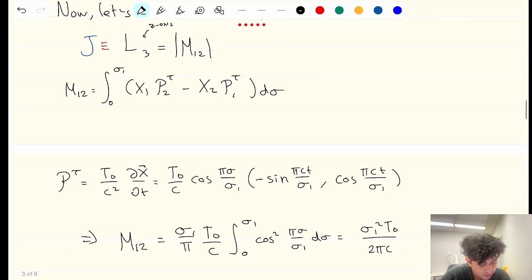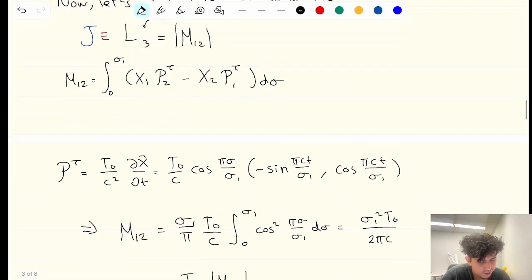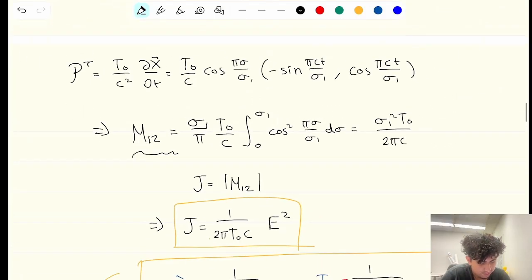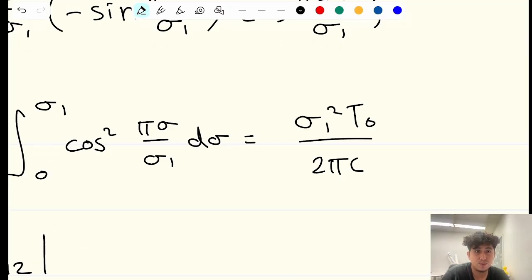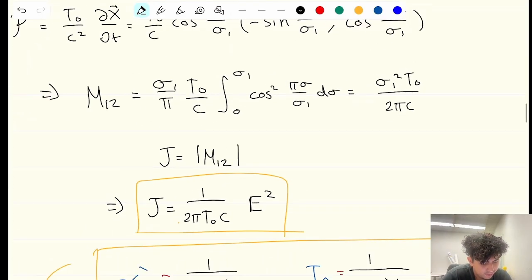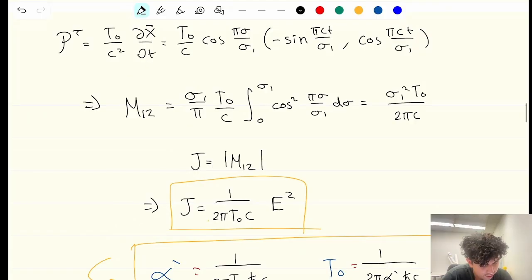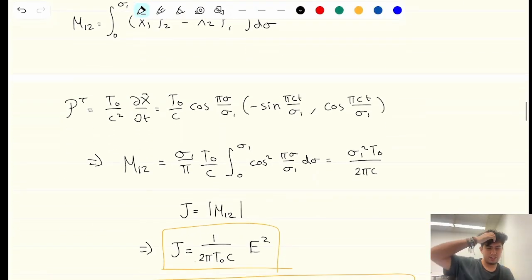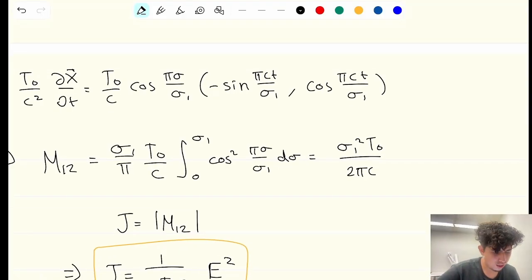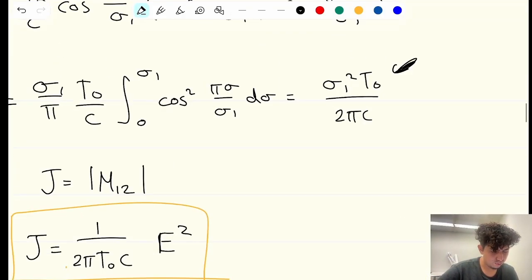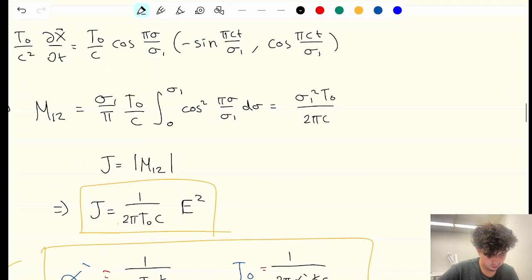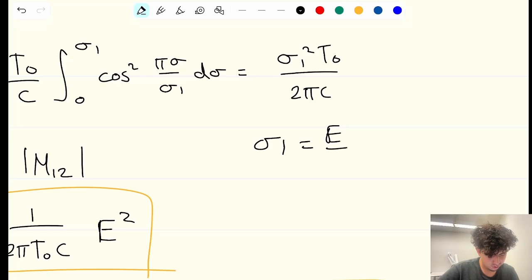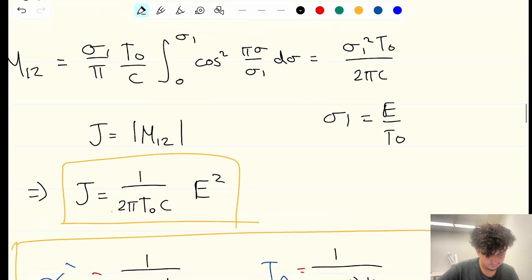And if you replace this expression up there, you're going to find that the charge equals this, and eventually it's going to be sigma 1 squared T naught 2 pi c. And if you replace that here, that just gives you a dependence on the energy. Here I made a very quick substitution, that sigma 1 equals E over T naught, as we always do.